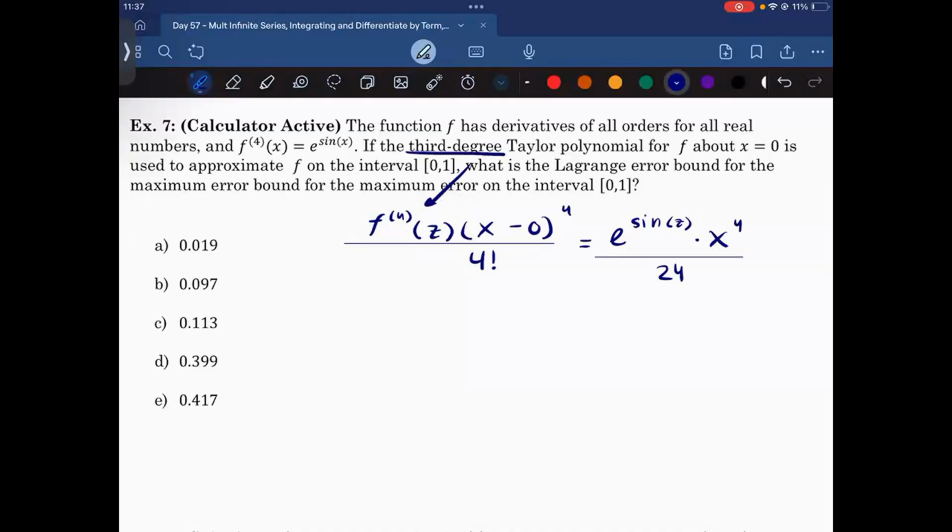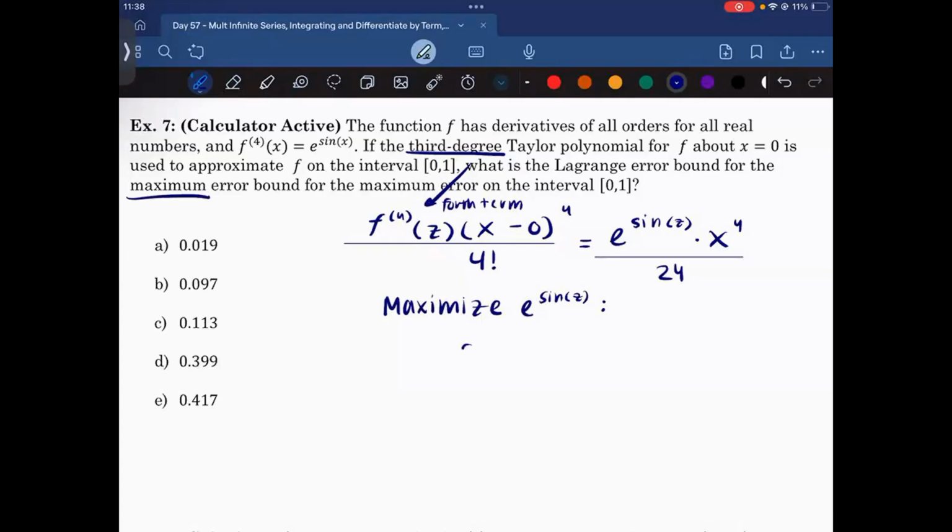Let me say fourth term, because we know the next term is our maximum error. Interval 0, 1. We need to maximize. So we need to find the maximum, right? Because we're trying to find the maximum error for this.